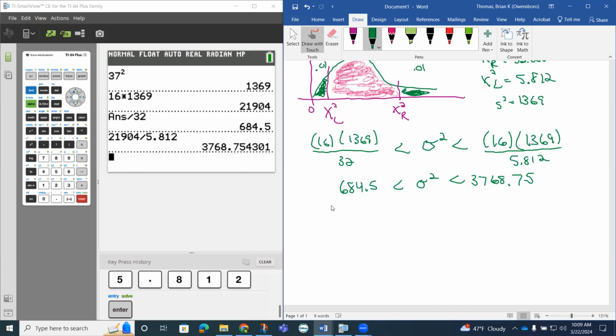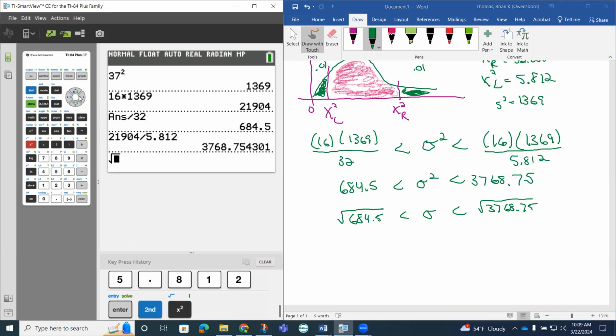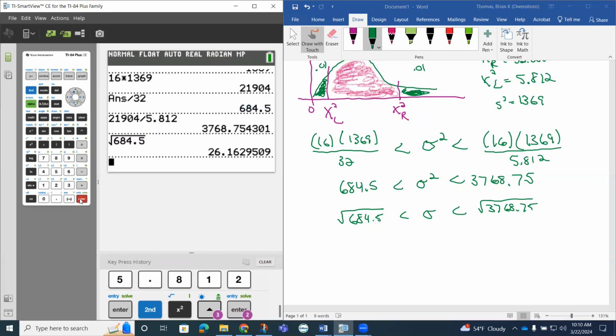Now, to get the confidence interval for the standard deviation, we're going to have to take the square root of these values. If we take the square root of this here, that's going to give me my population standard deviation. So I'm just going to go up here, copy this value in, and hit enter. That gives me 26.16 for that side.